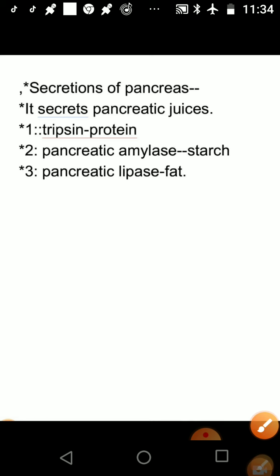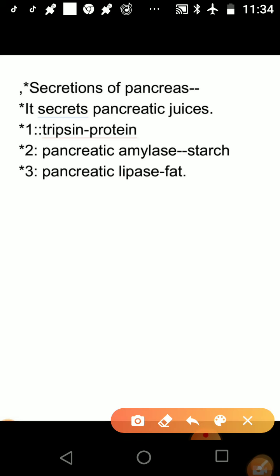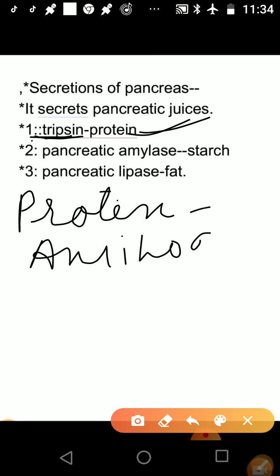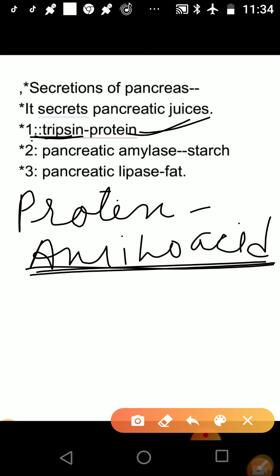So what do they secrete? The pancreas secretes pancreatic juices, and these juices contain an enzyme called trypsin. Okay, this trypsin converts protein into amino acid. This is the simplest form of the protein. So pancreatic juice releases a certain kind of enzyme, which is trypsin, which digests protein.